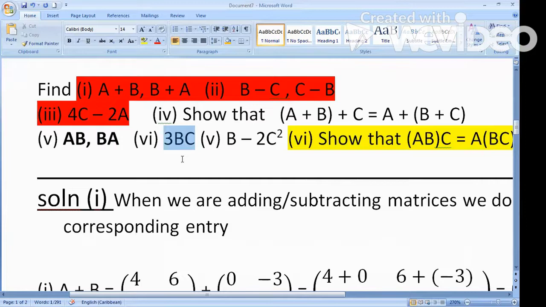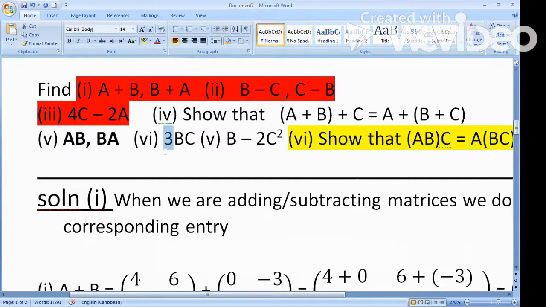3 times BC. Right. But I'll tell you what you're going to do. You have to be careful. You're going to multiply B times C first, and then you use the 3 and multiply by everything inside.